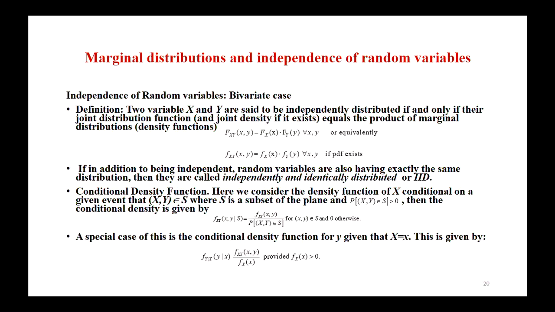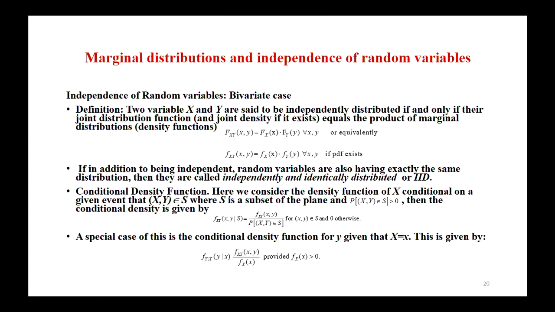So that's independence. You either have that the joint CDF is the product of the CDFs, or the joint PDF is the product of the PDFs. So suppose we have independence, and suppose that our random variables X and Y have exactly the same distribution. Then we would call them independently and identically distributed.